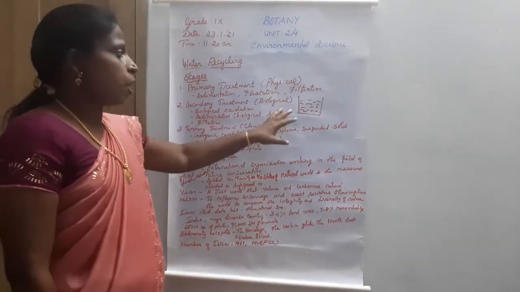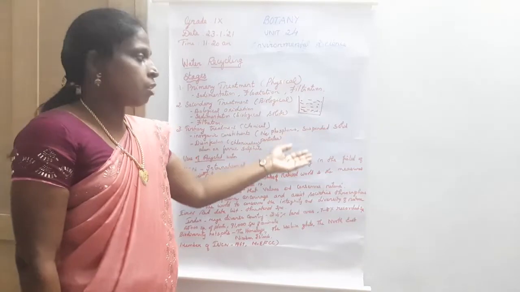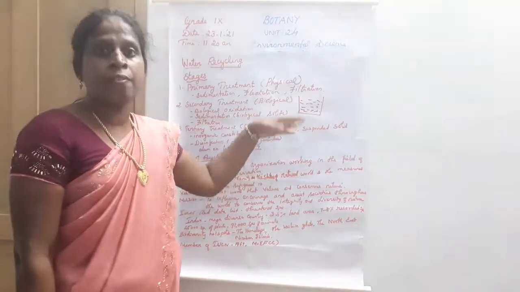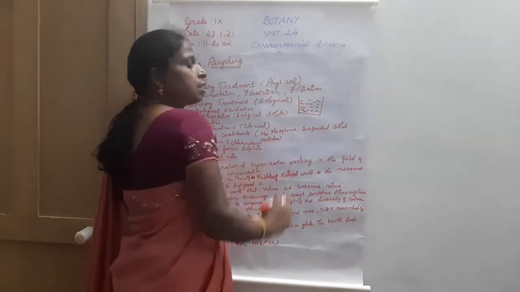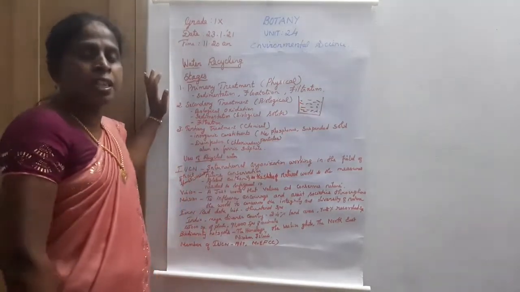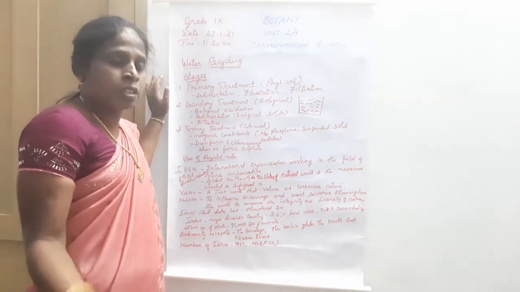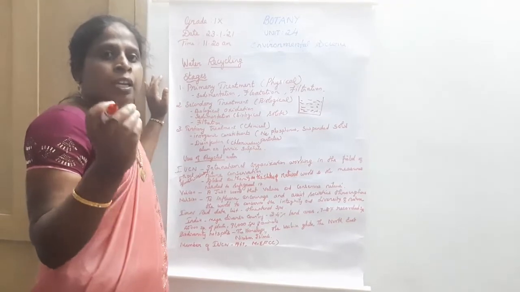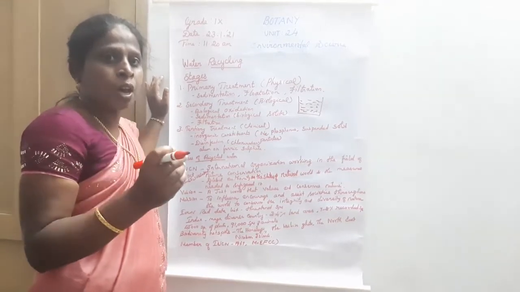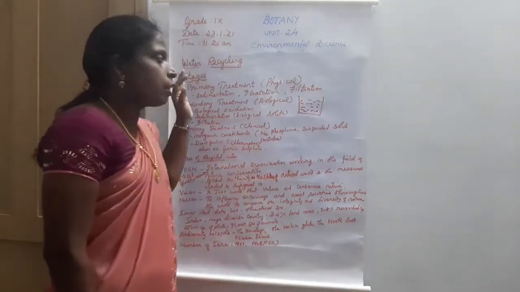In the sewage water, all the wastes are there: solid waste, liquid waste as well as gaseous waste. The solid waste includes plastic bottles, sand, soil, mud, oil, grease and also some microorganisms. See, everything is present in the sewage water.